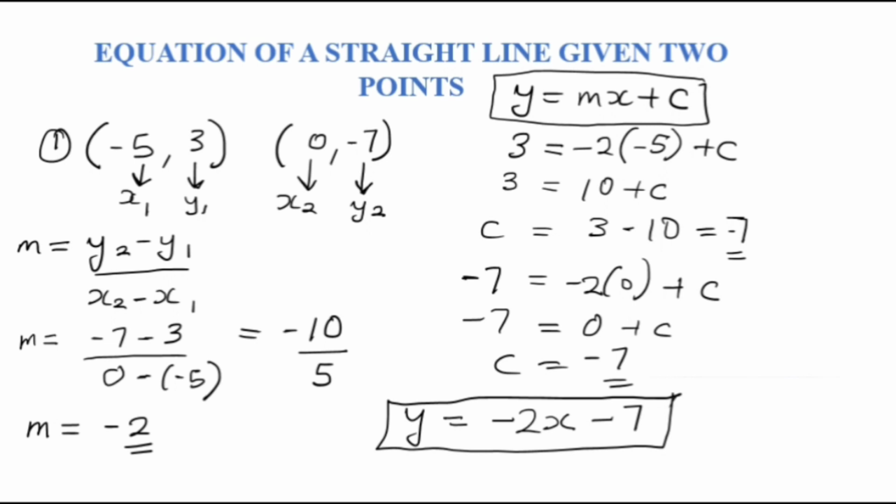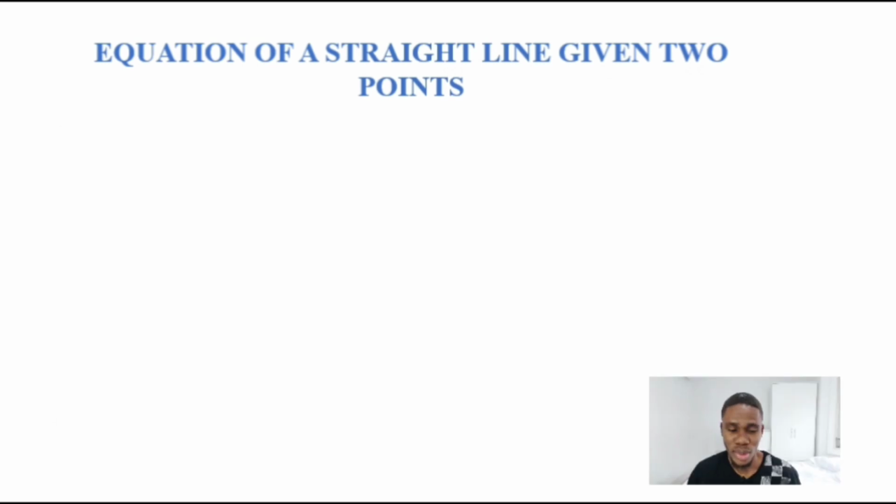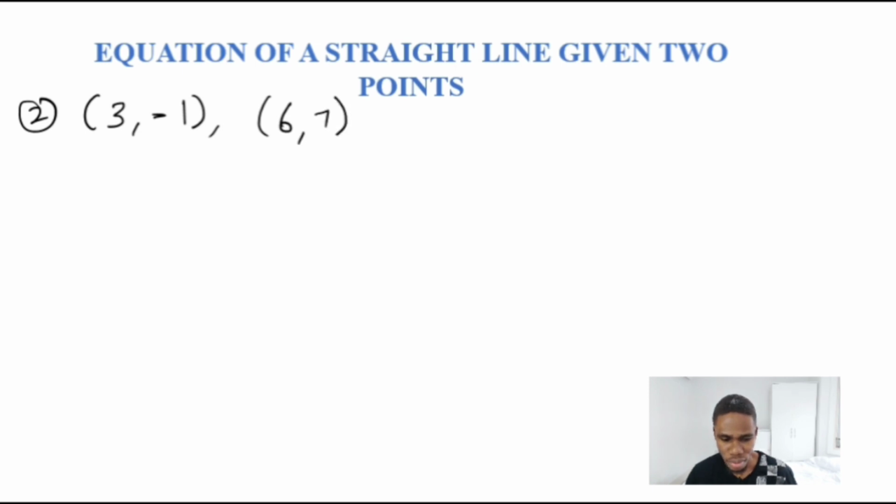Let's take another example. Example 2. We have our points 3, -1, 6, 7. So we find our gradient m, which is equal to y2 minus y1 divided by x2 minus x1.